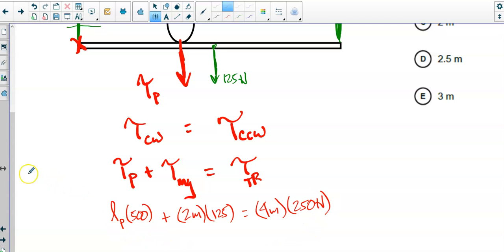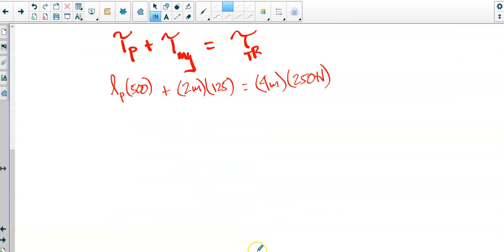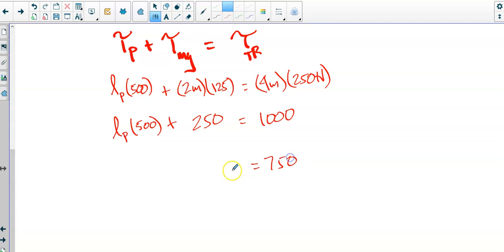So I'm solving this for L. So I have 250 equals 1,000. Lever arm of the person times 500. So that's 750 equals lever arm of the person times 500.